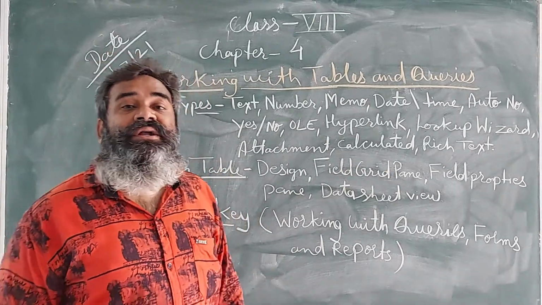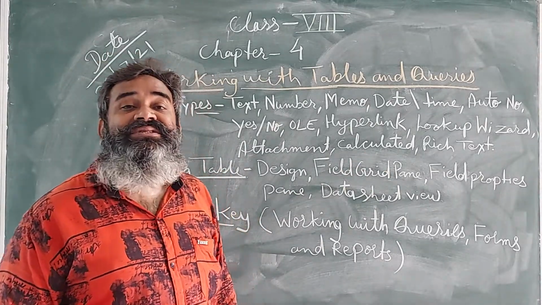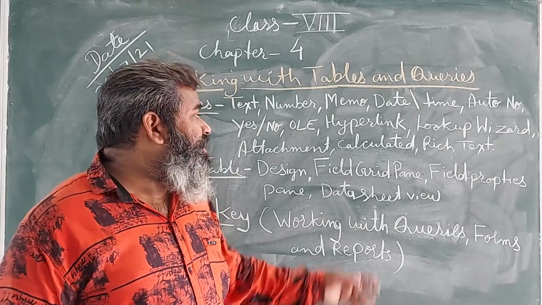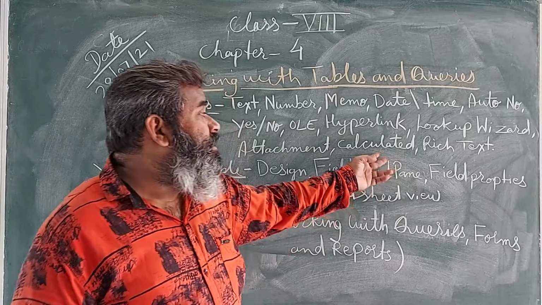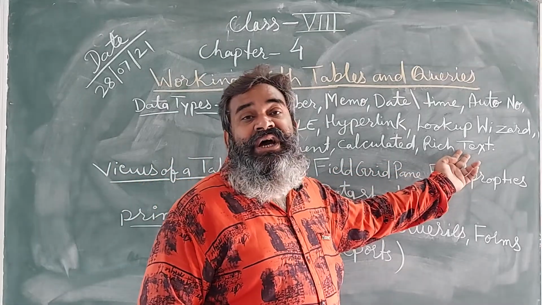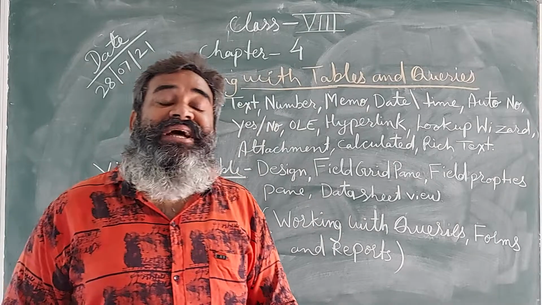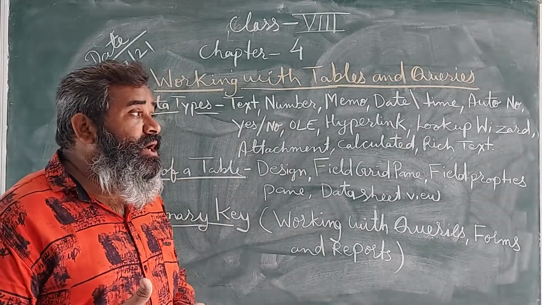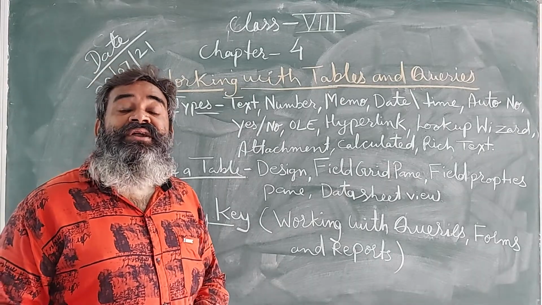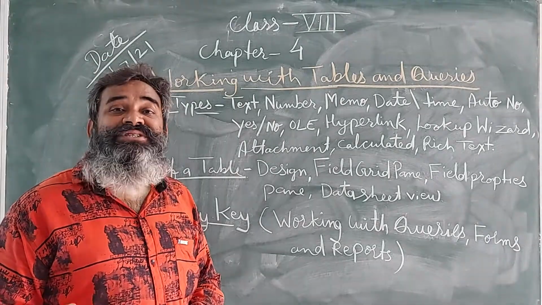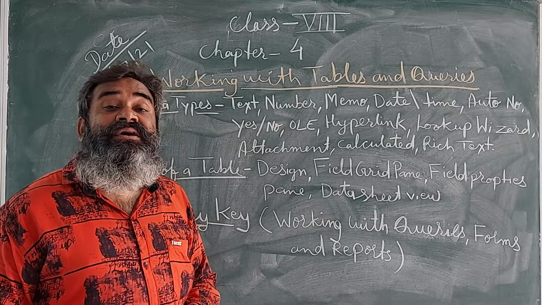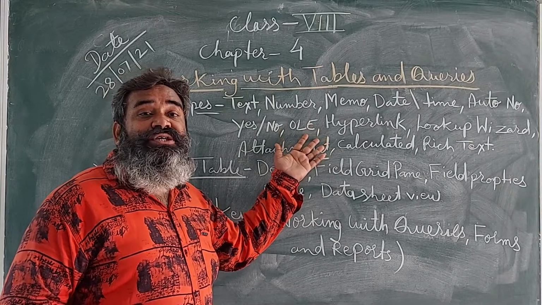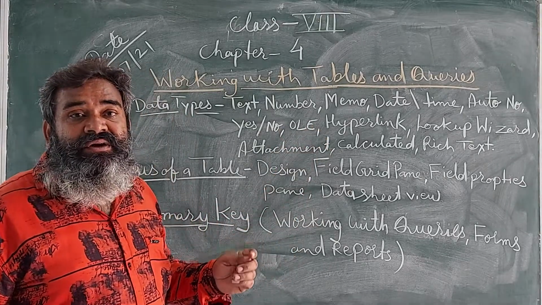If we are trying to create a mark sheet of a class with different subjects, we have to do calculation in a field, so we choose calculated. Then last, rich text. Rich text also belongs to text, but it has different attributes like font style, font size, color, and other formatting methods. So these are the data types we use while creating tables.